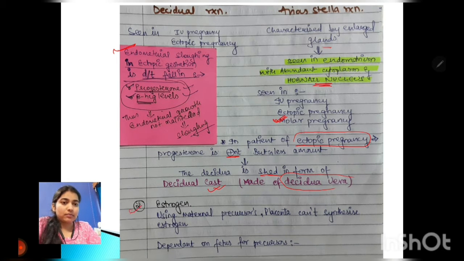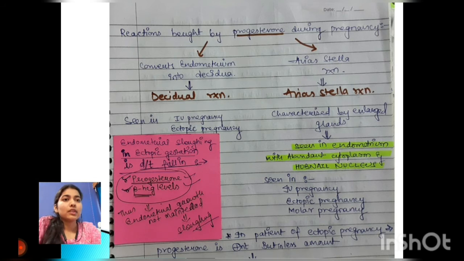Now, estrogen. The placenta cannot synthesize estrogen using maternal precursors. Progesterone is synthesized from maternal LDL, but estrogen cannot be synthesized from maternal precursors. So it is dependent on the fetus for synthesis of estrogen.